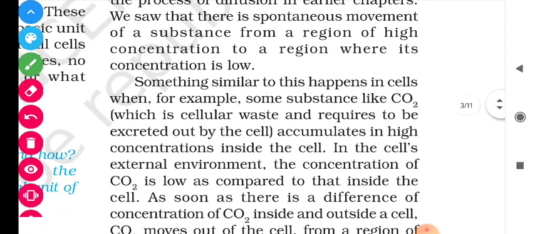Something similar to this happens in cells. For example, some substances like CO2, which is cellular waste and needs to be excreted out by the cell, accumulate in higher concentration inside the cell.